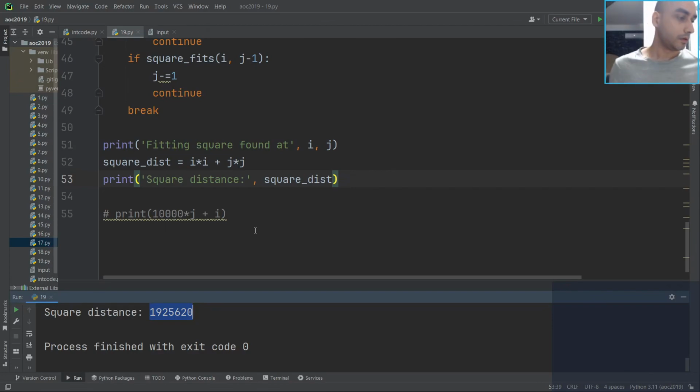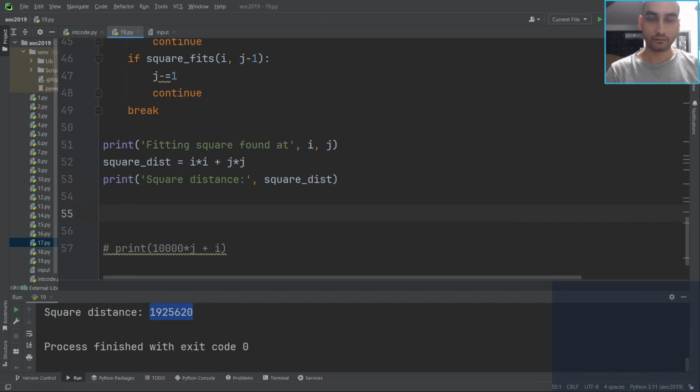So try every I and j value on the arc. How do we do that again? We need... so we're saying while true.